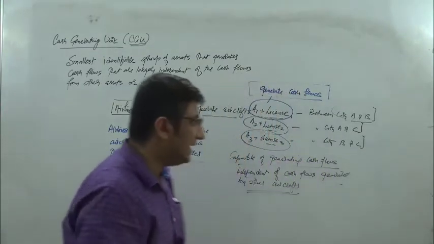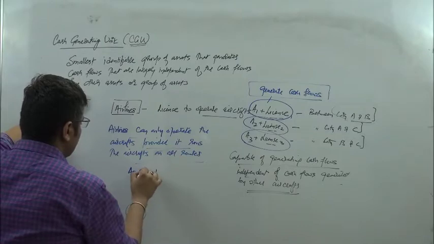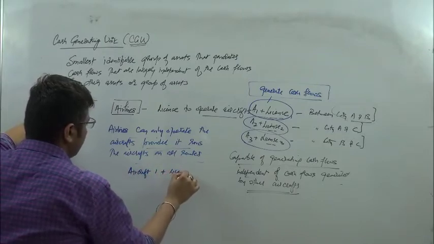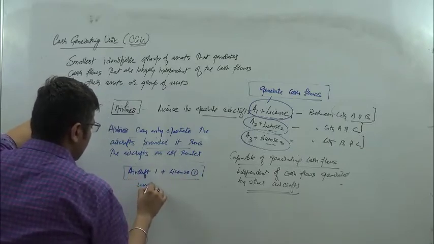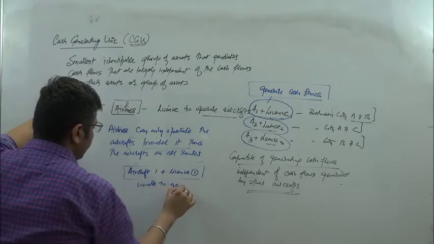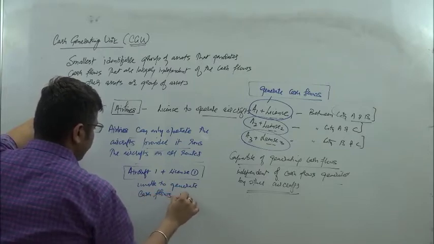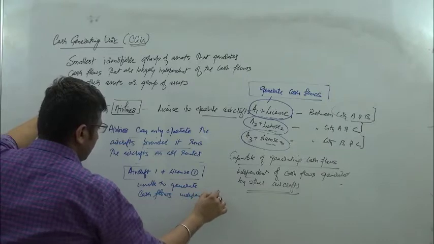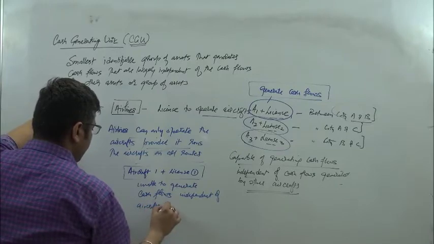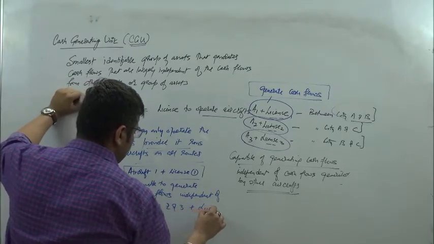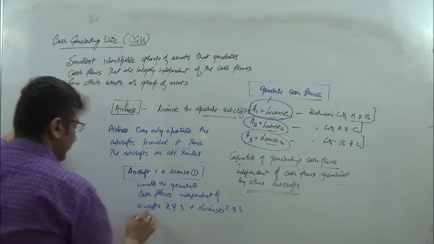That means that aircraft 1 and license 1 are now unable to generate cash flows independent of aircrafts 2 and 3 plus licenses 2 and 3, right?